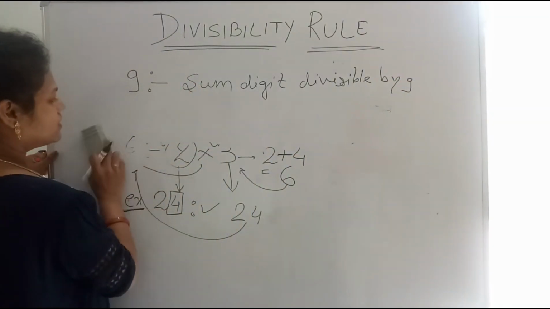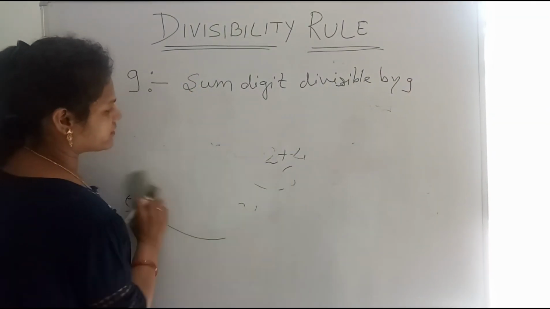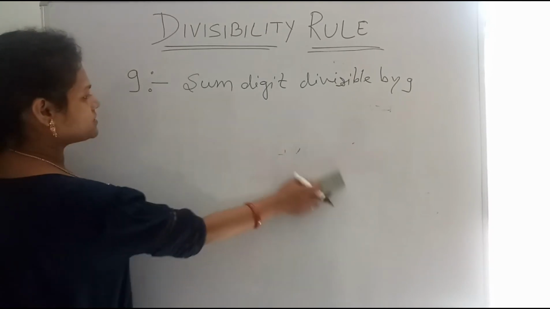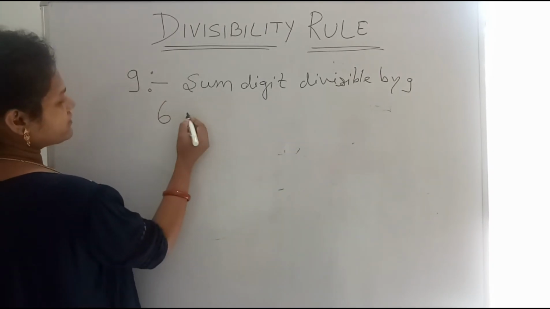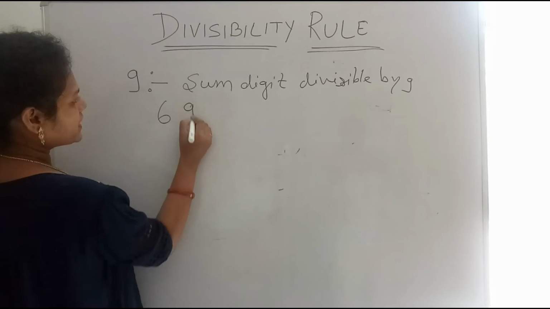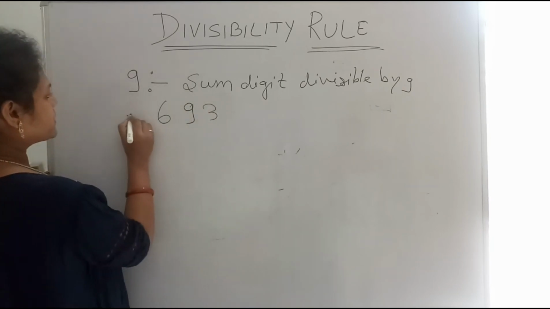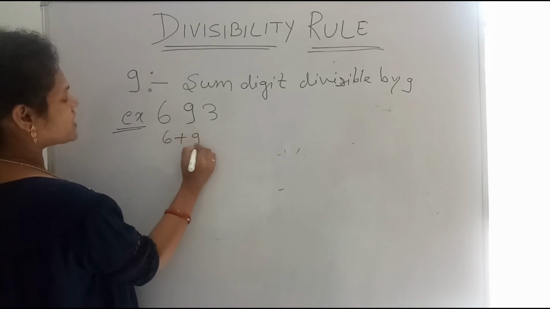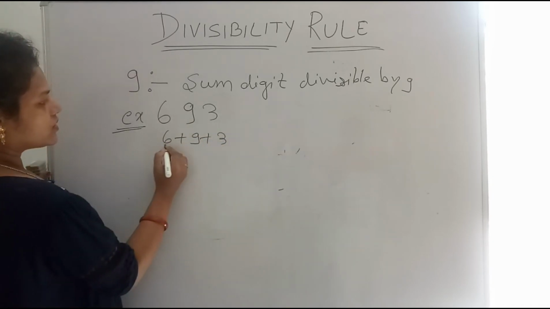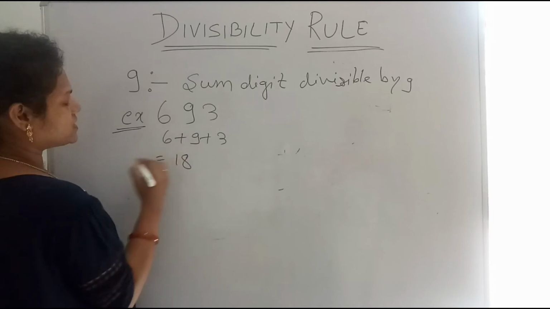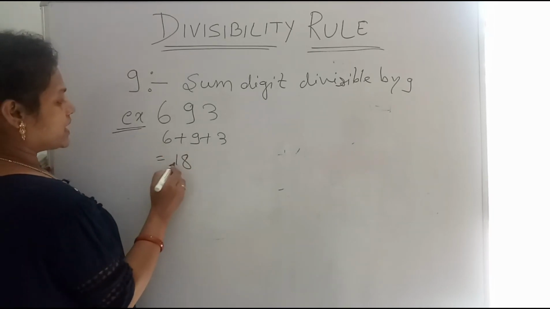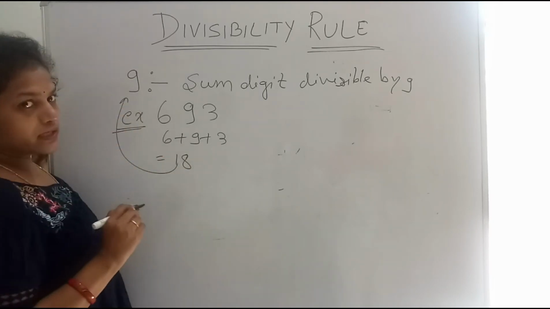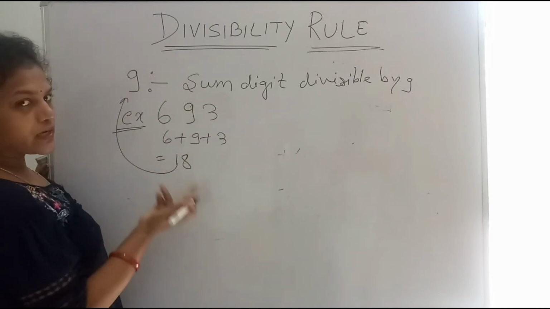For example, suppose I take 6, 9 and 3. When you add them, 6 plus 9 plus 3, how much is it? 18, right? And 18 is divisible by 9, or we can say it is a multiple of 9.